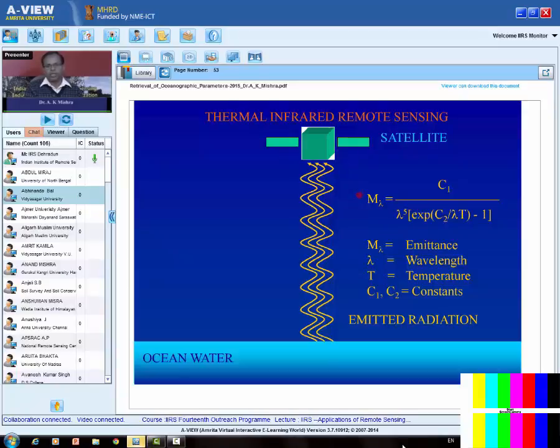There are many thermal bands in many satellites, and this principle is used to get the temperature of the object.